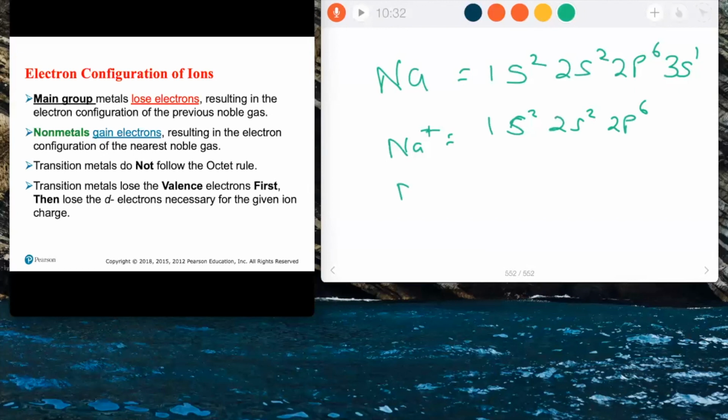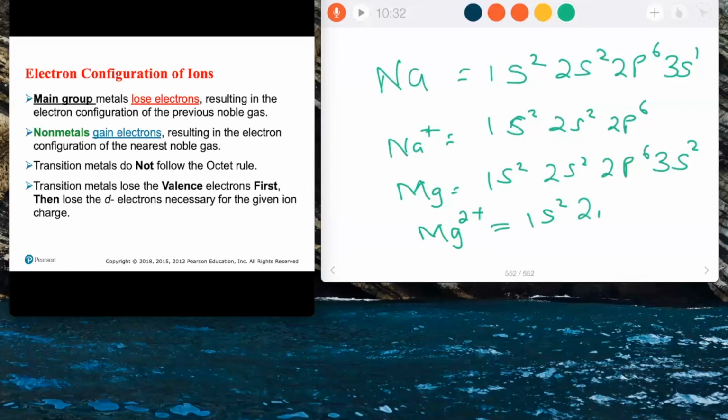Magnesium will follow the same. This is 1s2, 2s2, 2p6, and then 3s2, 12 electrons. But an overall charge of plus 2 means we are less by 2 electrons: 1s2, 2s2, 2p6.